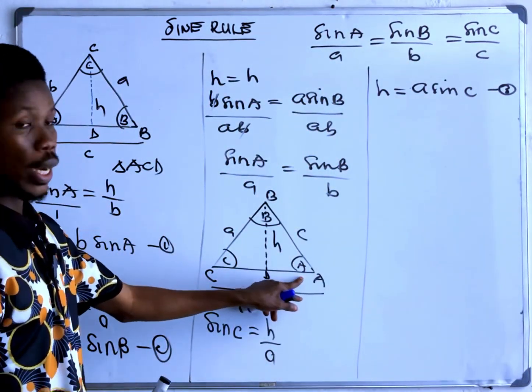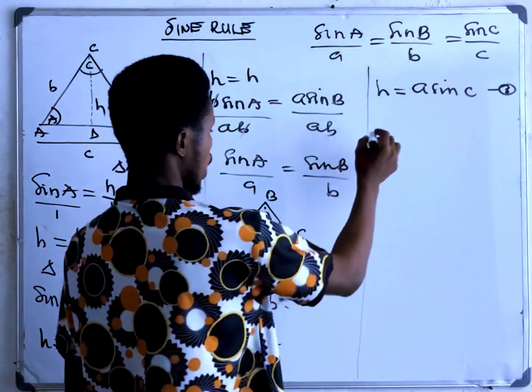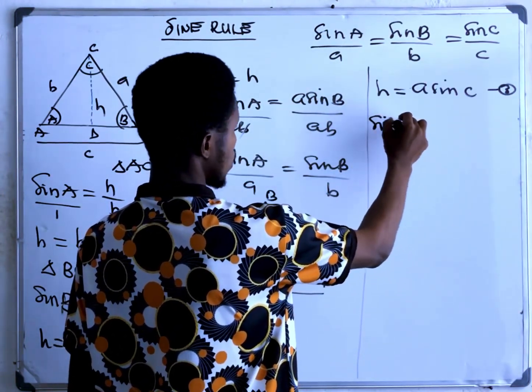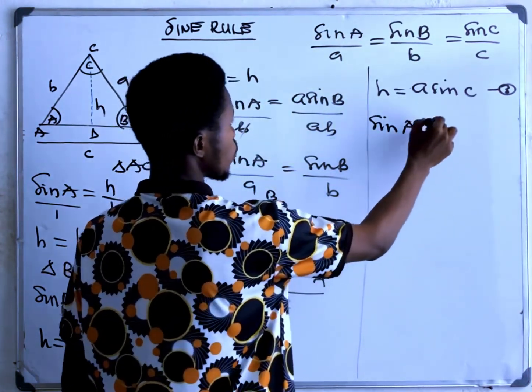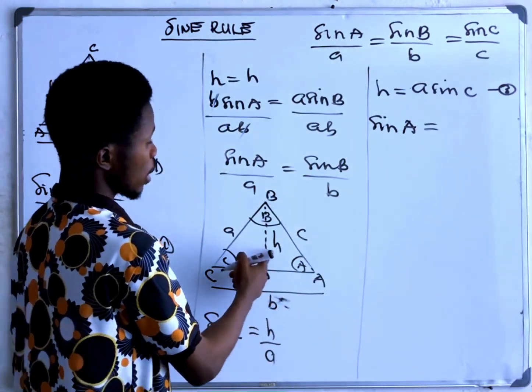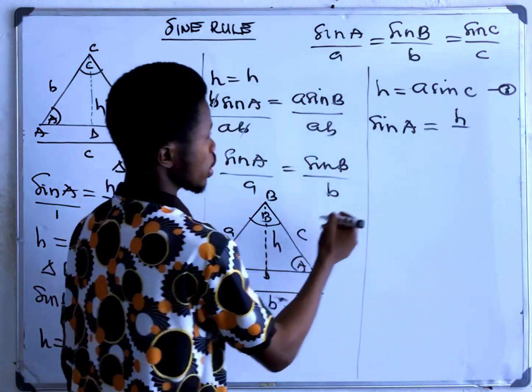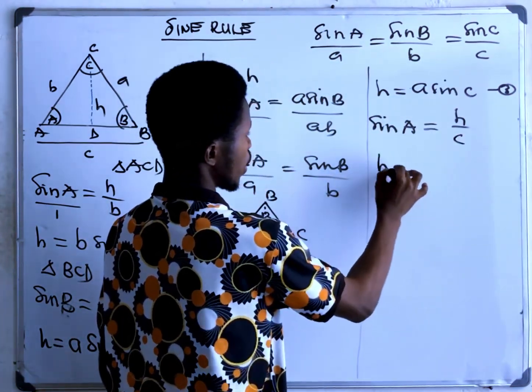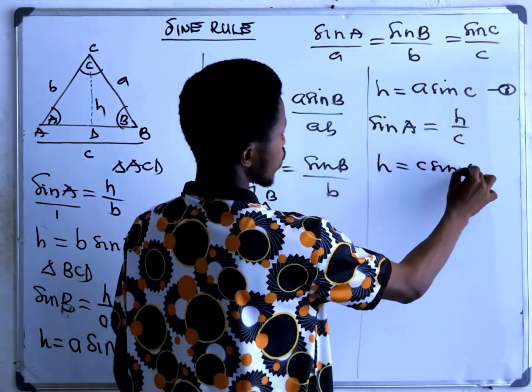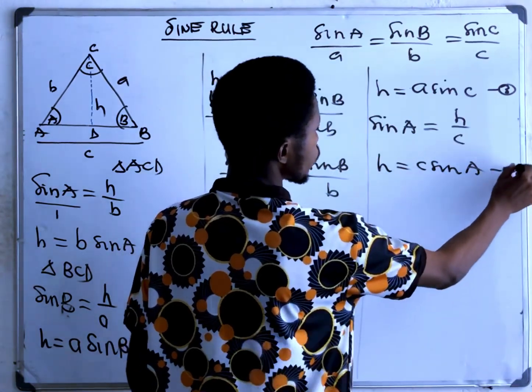Then let me take this side again. This side will be sine A, which is going to be h over the hypotenuse, which is c. I'm going to have h equals c sine A, equation 4.